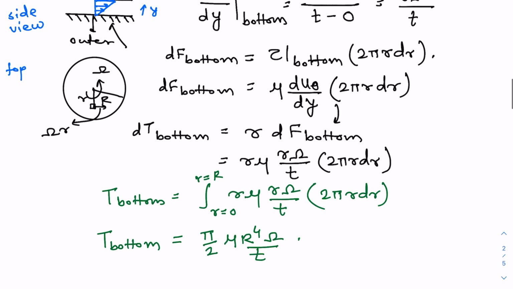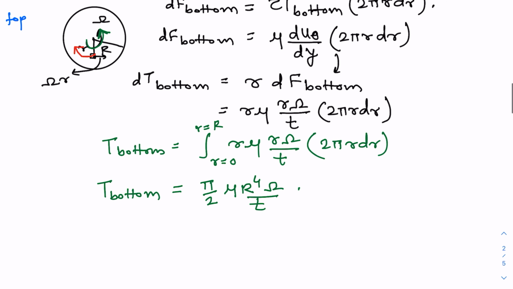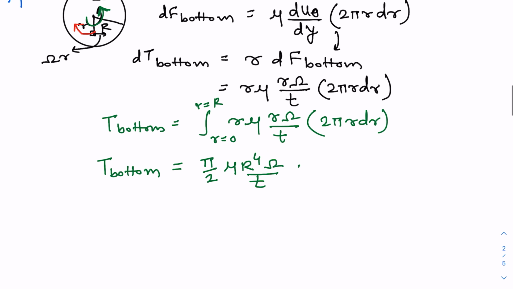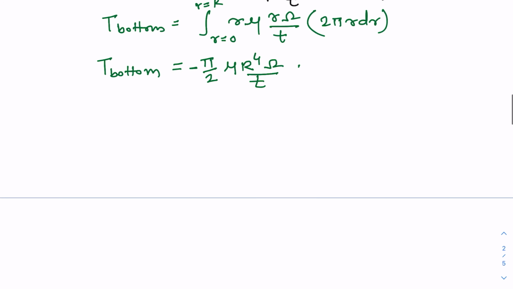So again, remember, this torque is basically trying to oppose the rotational motion of the disk. So the torque is acting in the opposite direction to the motion of the disk. So there will be a minus sign here because it is acting in the opposite direction.